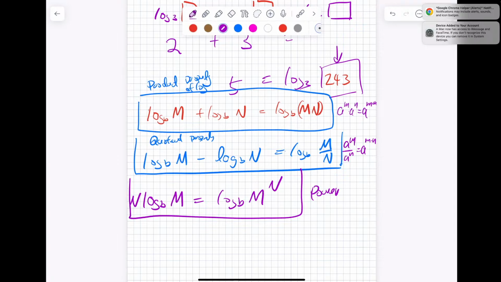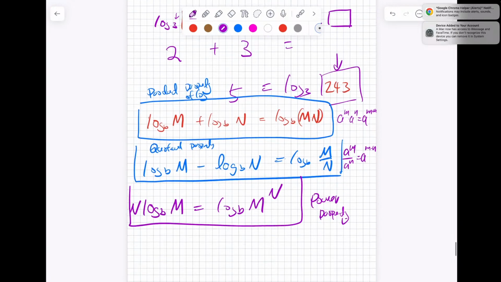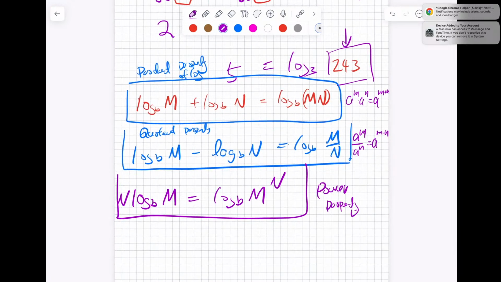It's always a b here. Here it is 3. This is just a b. b could be any number, like 3 or 4 or 5. It's just some type of constant. So this is called the power property.